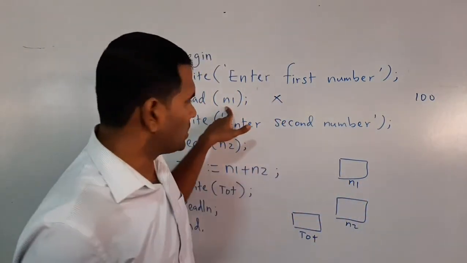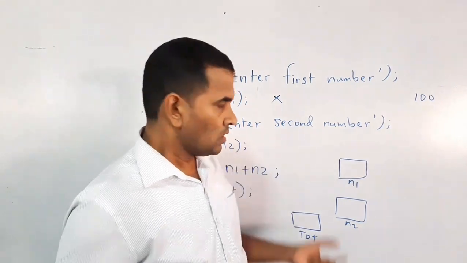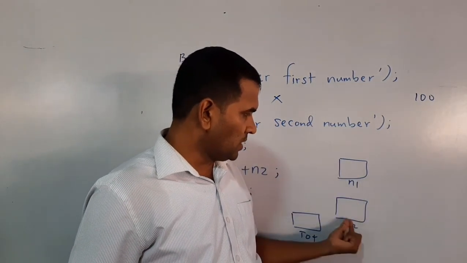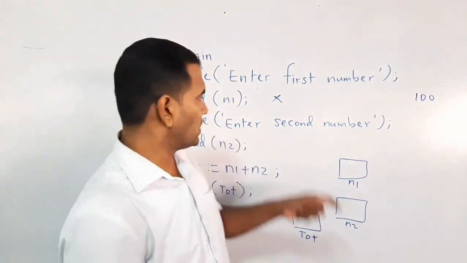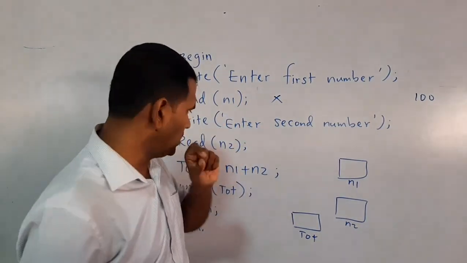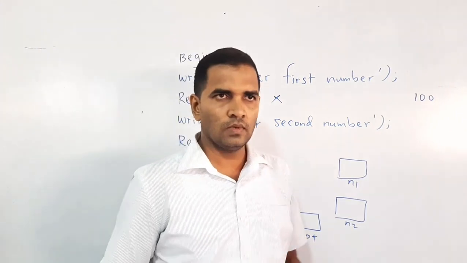Actually, this N1 is called a variable, because the number which can be saved in these places can change from time to time. That may be the reason why we call them variables. N1 is a variable, N2 is a variable, even TOT is another variable.